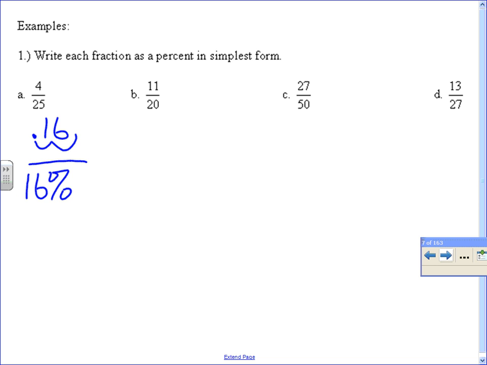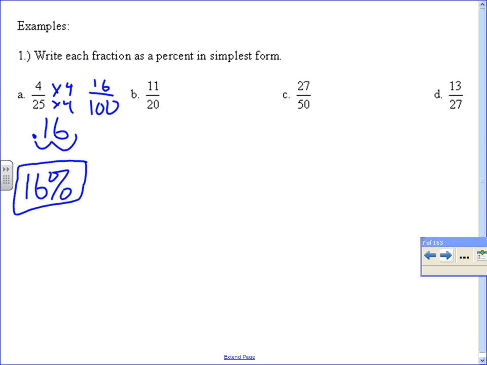Perfect. There's another strategy you can use. Annalise, what did you do? Yep. So another strategy is make your denominator 100. Whenever number's on top, that's your percent. Okay, 16 over 100, you could write as 16% because 16 over 100 is 0.16.